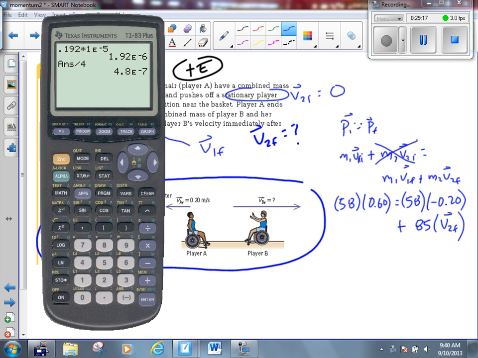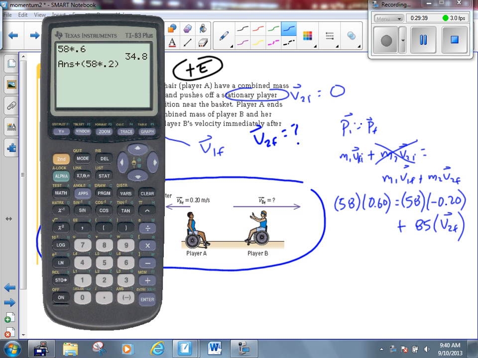Let's calculate this. Let's say 58 times 0.6. That's going to give us 34.8 on the left-hand side. Now let's add to that. Pay really close attention to this. 58 times 0.2. Why did I add that to it?